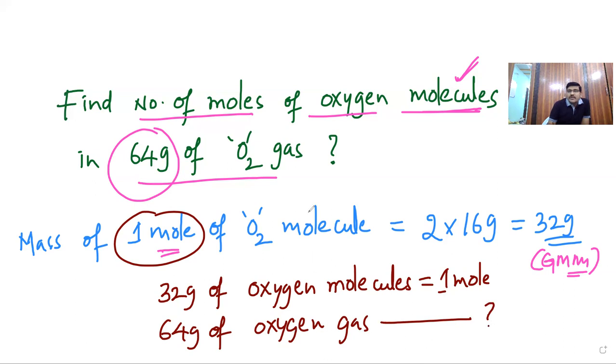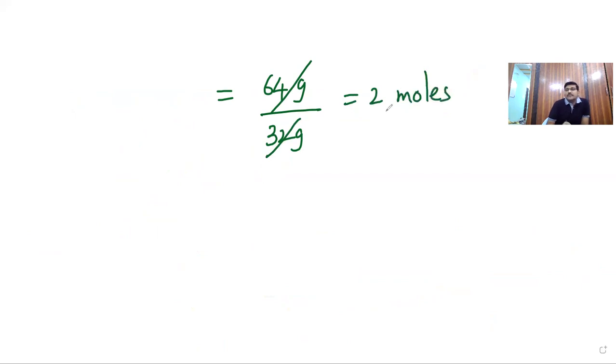Just cross multiply: 64 into 1 divided by 32. This becomes 2 moles. 64 grams of oxygen gas consists of 2 moles.